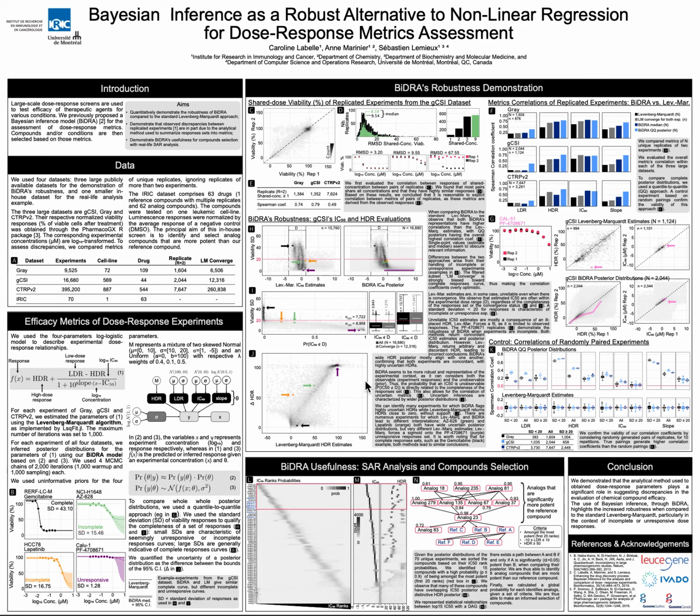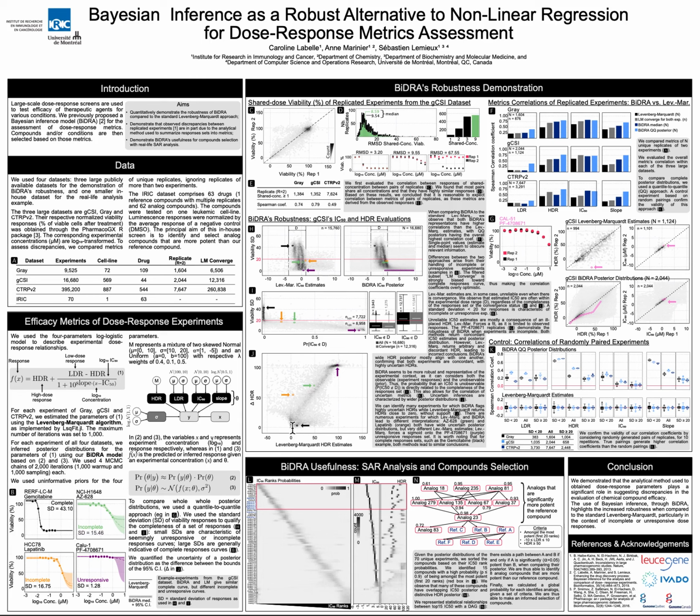Another example is where Levenberg-Marquardt forces a sigmoid onto the PF, here, the unresponsive response set in purple. It is worth noting that for complete response sets, such as gemcitabine in black here, both methods lead to similar conclusions.